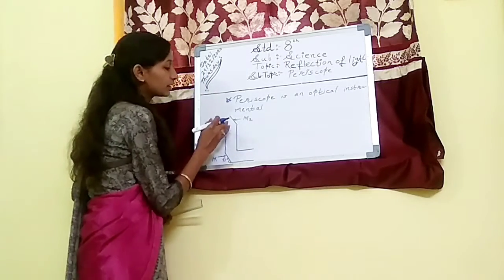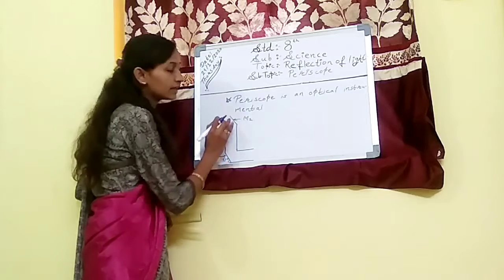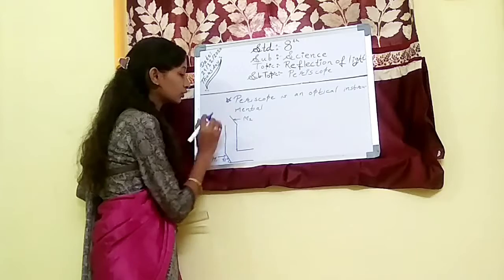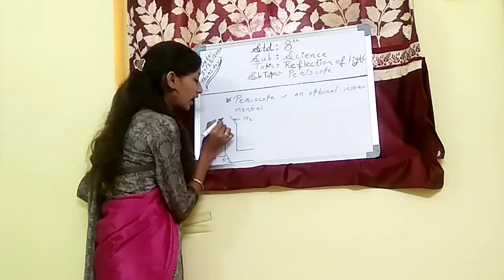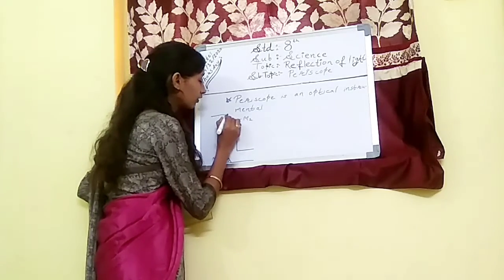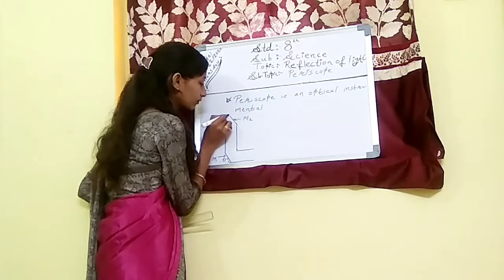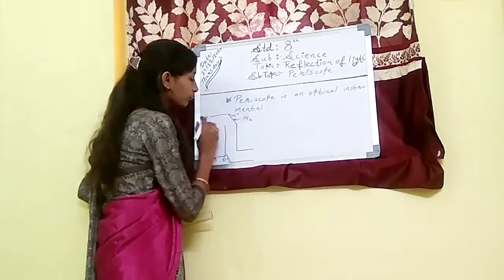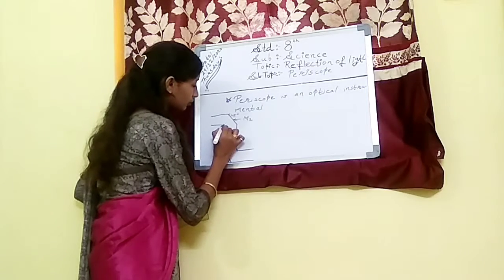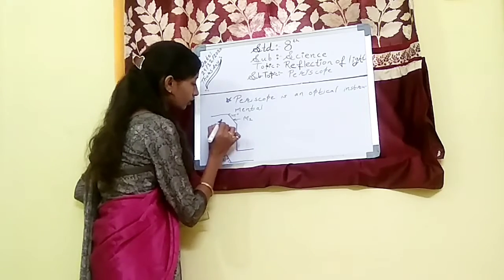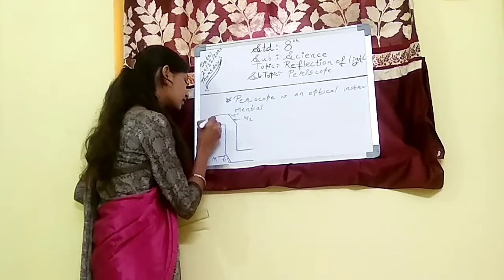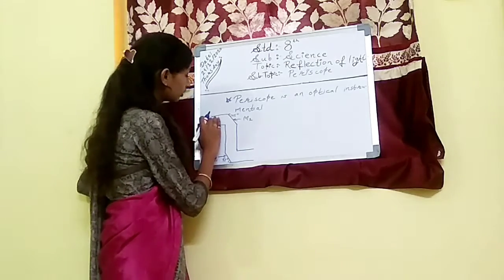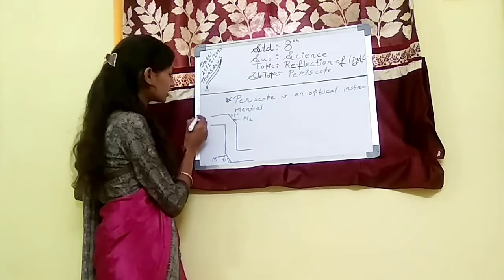Then we made it parallel, we kept it parallel. This is mirror 1, this is mirror 2. They both are at an angle of 45 degrees. Here 45 degrees will be there, and here another cardboard, and here is a slit from where you can see the other object.